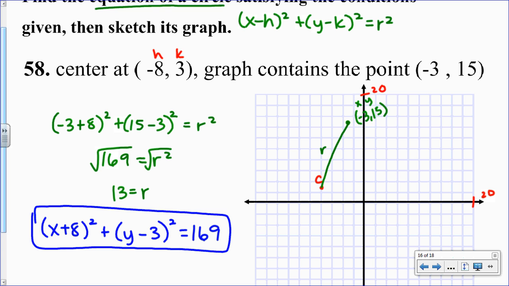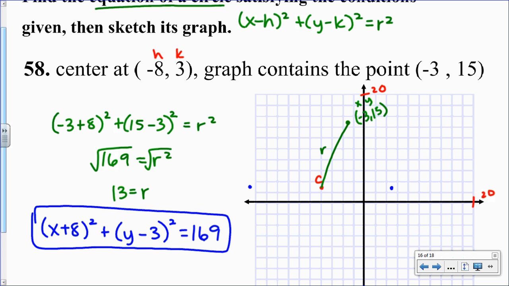It also says sketch its graph. So I know the radius is 13, so from my center I can move horizontally and vertically 13 units, and then sketch the circle from there. So I'm counting 13, but I remember I went by 2. So 2, 4, 6, 8, 10, 12, 13.